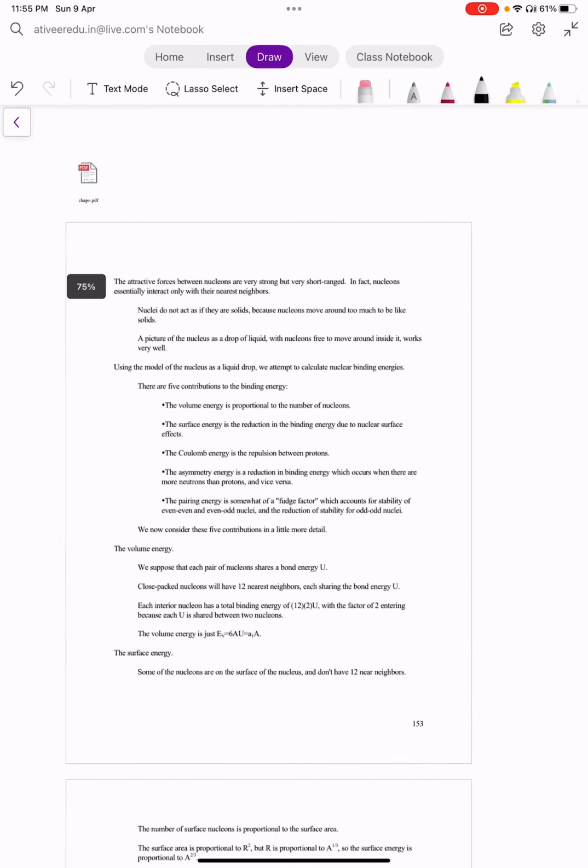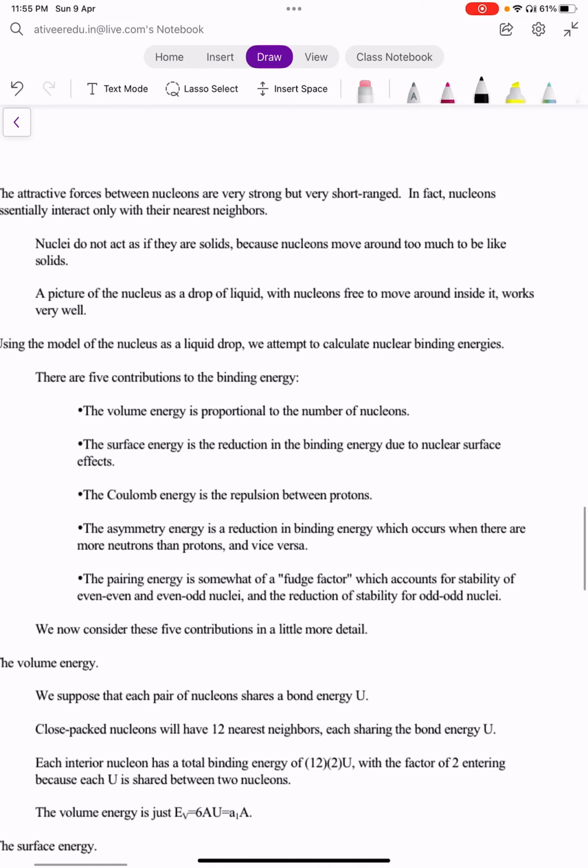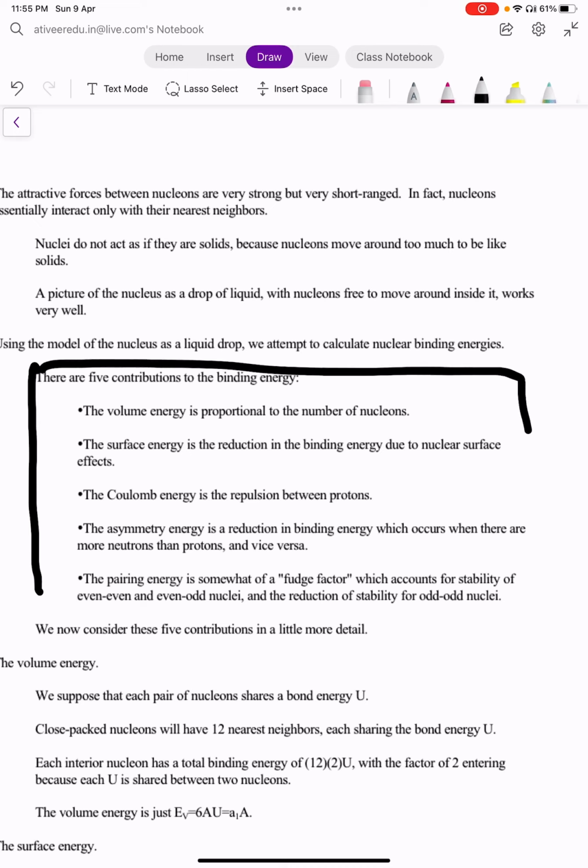These 5 ways are, you can see here: the volume energy, surface energy, Coulomb energy, asymmetry energy, and pairing energy. Now, the first contribution is volume energy, which is proportional to the number of nucleons.